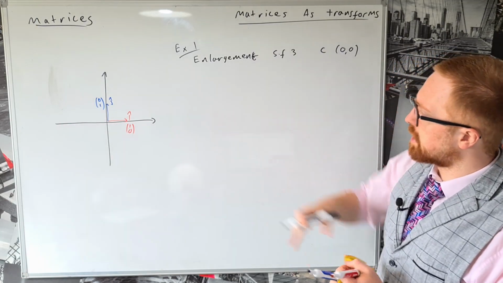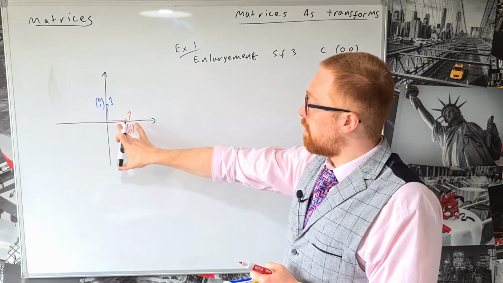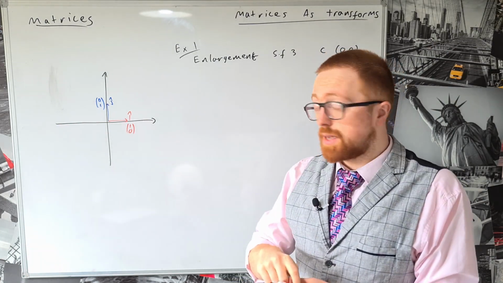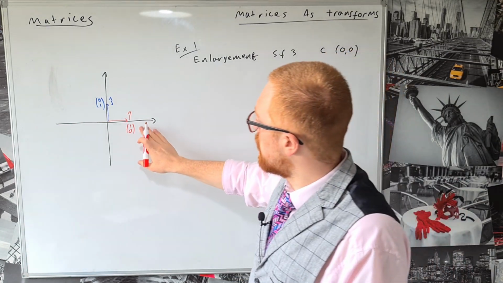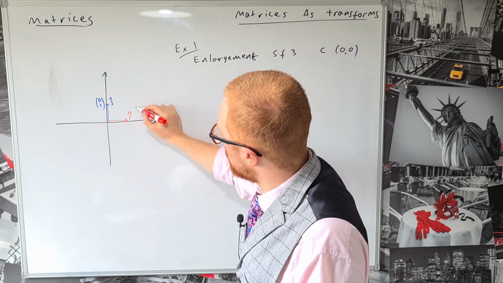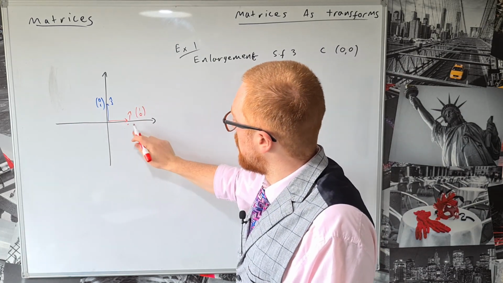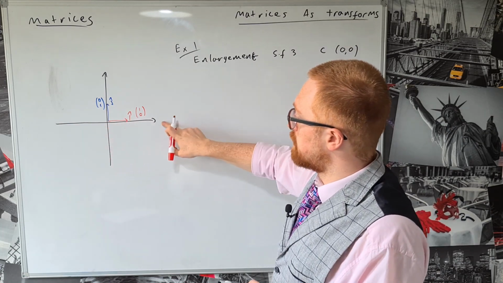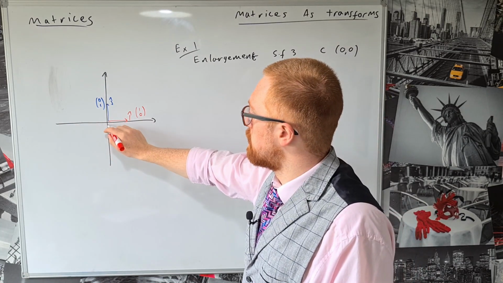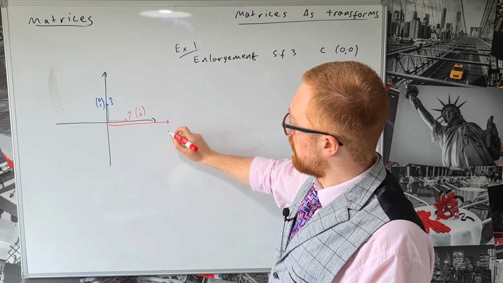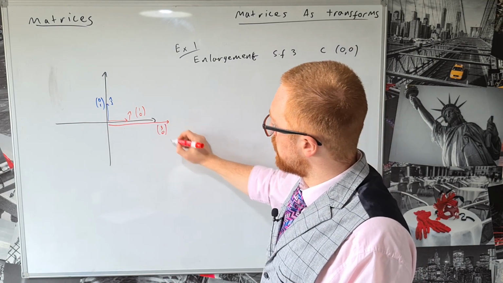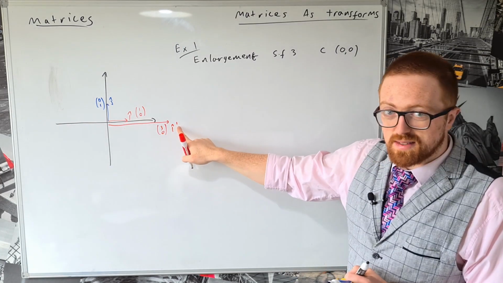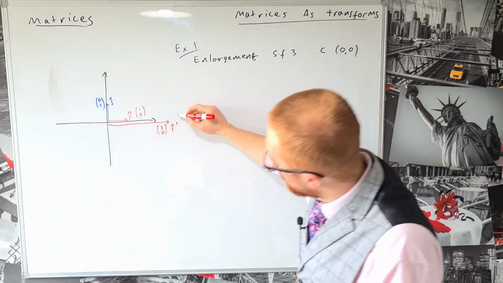So let's have a quick look at, first of all, what that will do to these two vectors, and then how we can write that as a matrix. So if we've got an enlargement scale factor 3, then this i hat is just going to get 3 times bigger away from the origin, right? So it's going to go there, it's going to end up at (3, 0), and we call that i hat with a little dash after it, or an apostrophe.